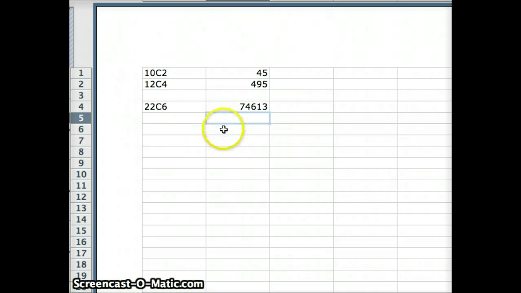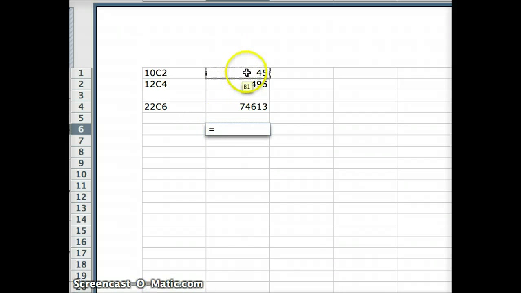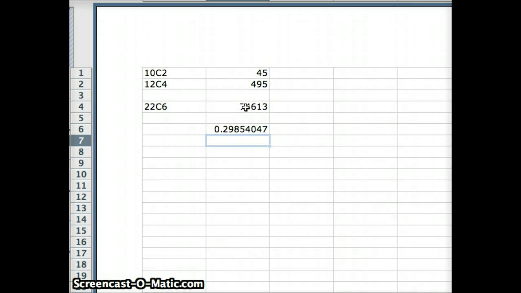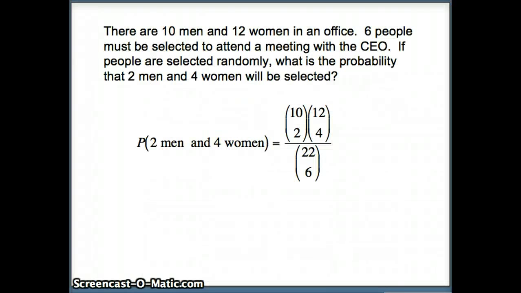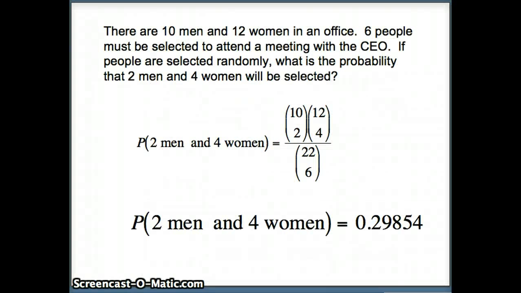And putting these things together, what are we going to need? Equals this first number times the second number divided by the number in the denominator, and we get 0.2985. So the probability of having 2 men and 4 women selected will indeed be about 0.2985.